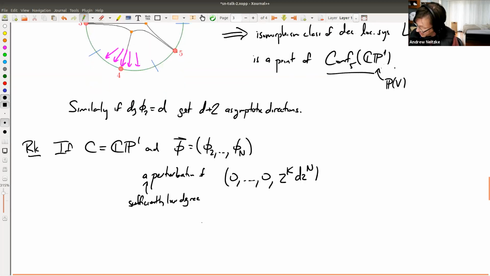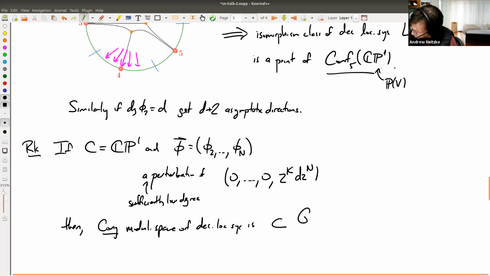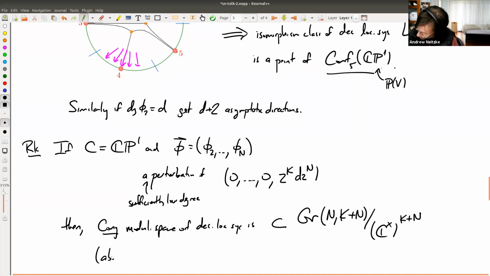Then I believe that what we should get is the relevant moduli space of decorated local systems is an open subset inside of a Grassmannian Gr(n, k plus n) mod C star to the k plus n. And the above case was the case of n equals 2, and k was the degree of the polynomial.